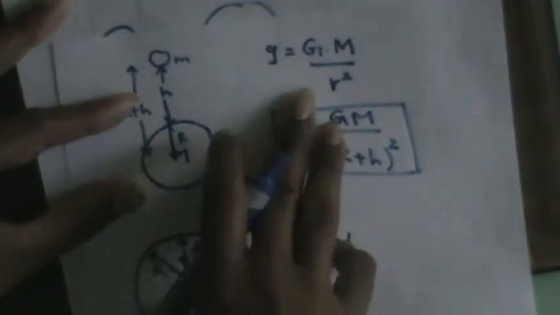So r is now r minus d. From the equation that we derived in the second video of the series of videos on gravity, we can say that g is equal to GM by r squared. So r squared is now (r minus d) squared.